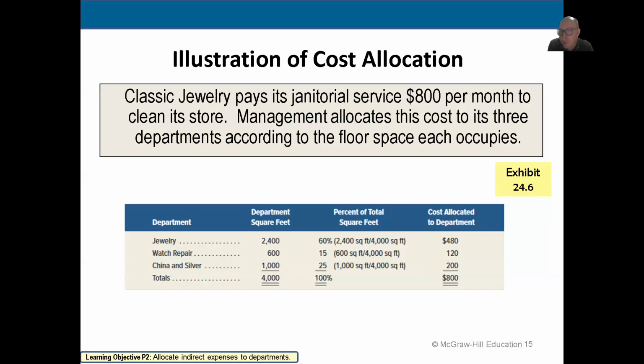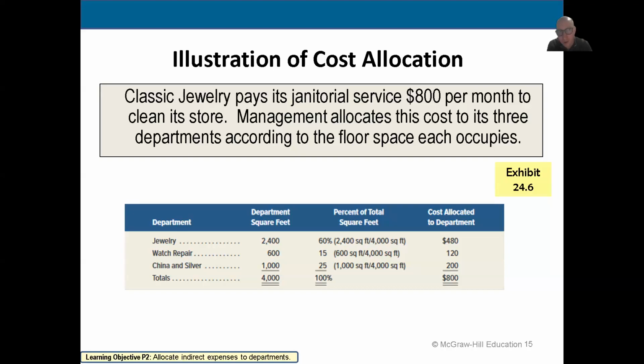So 800 times 60%, that's $480 of cost I allocate to the jewelry department. $800 times 15%, that's $120 I'm allocating to the watch repair department. $800 times 25%, that's, of course, $200 that I allocate to the China and Silver department, for a total of $800.